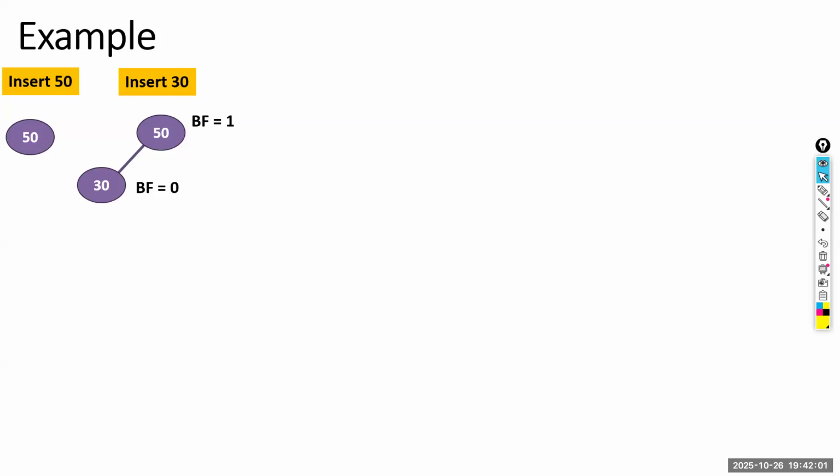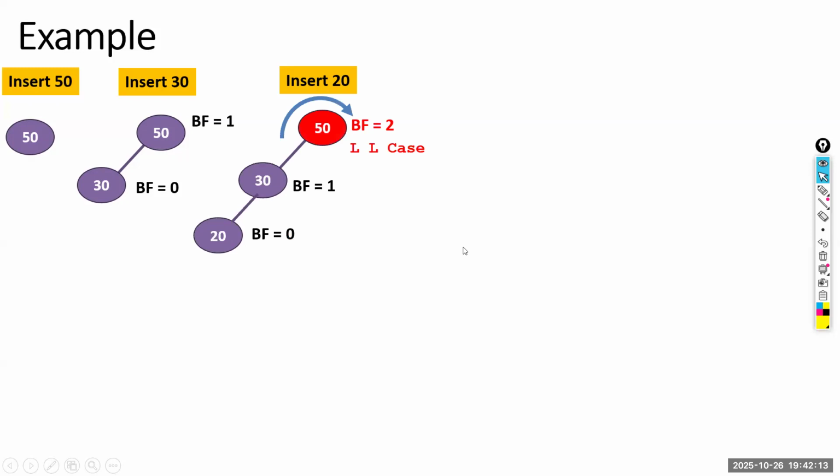Now let's insert another data. I want to insert 20. So 20 is less than 50 and less than 30, so that will be the left child of 30. Once you insert, you check the balance factor from bottom to top, from the inserted node towards the root. This node's balance factor is obviously 0 because it's a leaf.